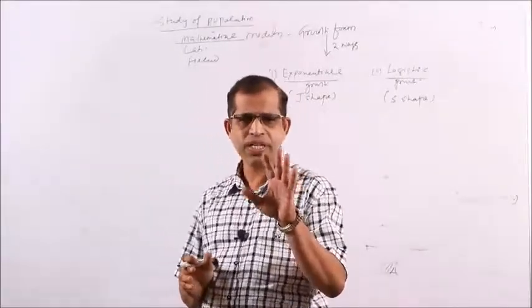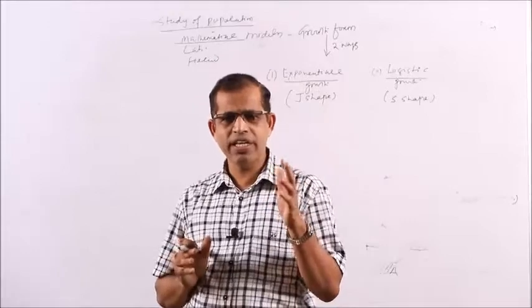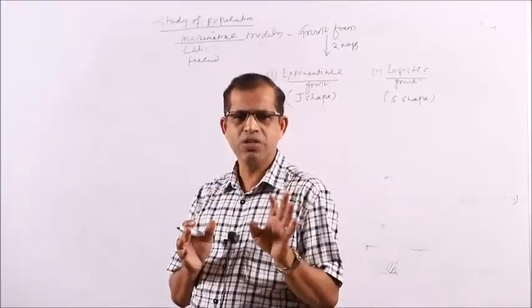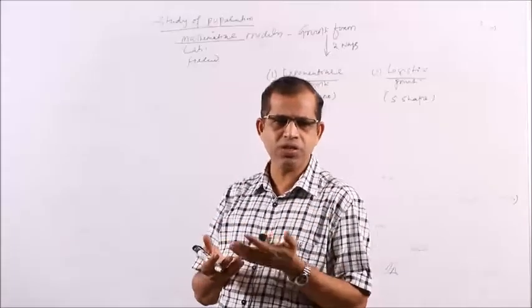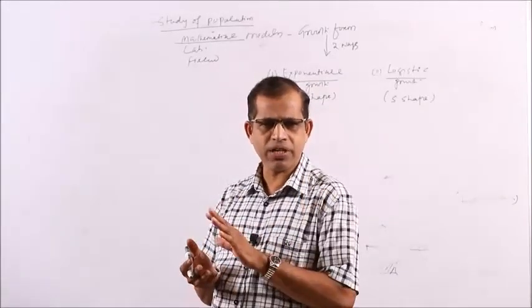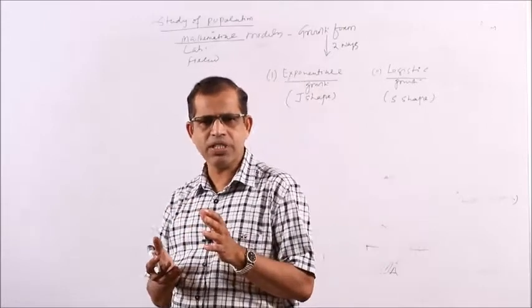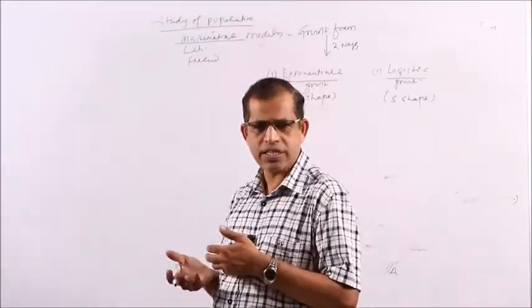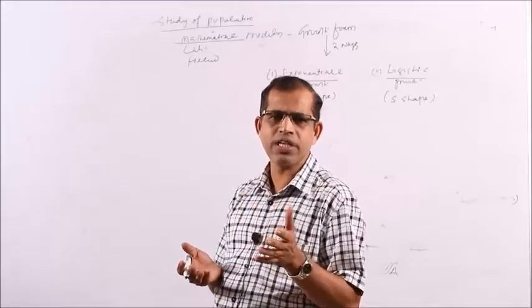Suppose in an environment you find there is plenty of food, plenty of space, everything is there. So, the population who resides there will have a better breeding capacity, they will go for interbreeding, so their population will increase. That means nothing is limited here.